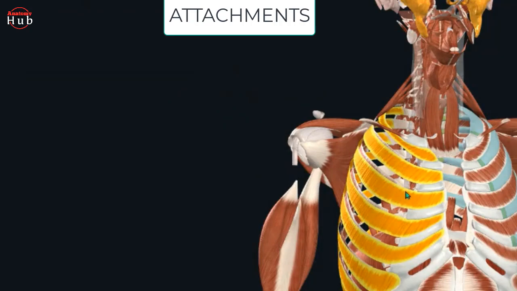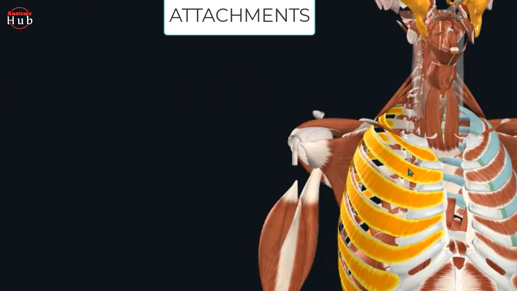Here you can see they take origin from the lower ribs and they ascend upward and forward. So these muscles are known as your internal intercostal muscles.